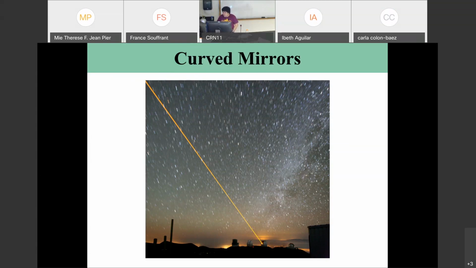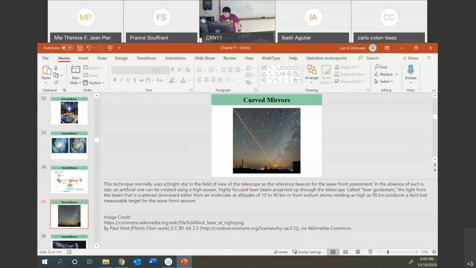And then they use what we call adaptive optics. So this technique, in some way or form, reshapes the shape of the mirror. Look at the difference.